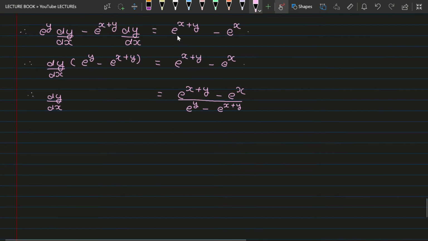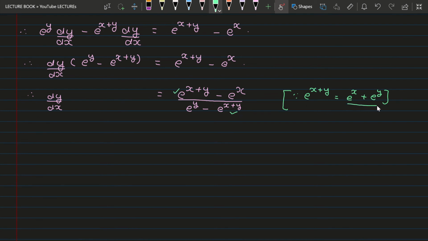Now what I do over here is, I am given that since e raised to x plus y is equal to e raised to x plus e raised to y, in the denominator as well as numerator we substitute this value.